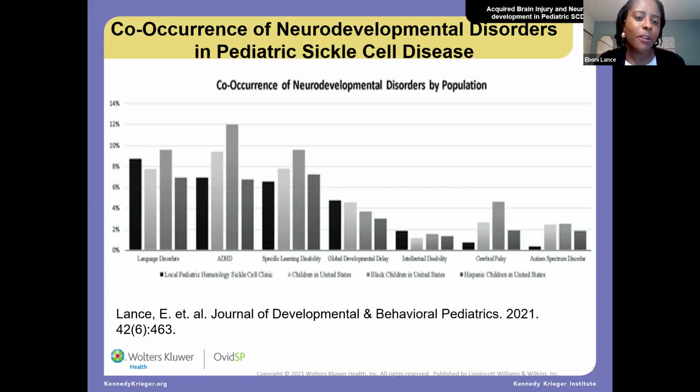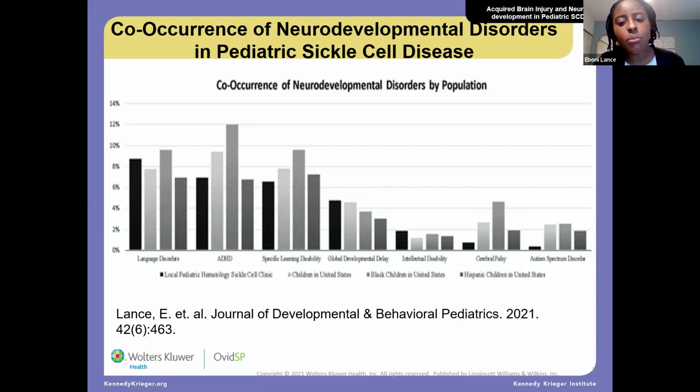And so you can see here that we predominantly saw language disorders and, again, ADHD in these patients, and that's the bar in black. The bars next to them in gray are the rates of these disorders in children in the US. In medium gray is Black children in the United States, which is actually most comparable to our population in Baltimore. And then the last one is Hispanic children in the United States.